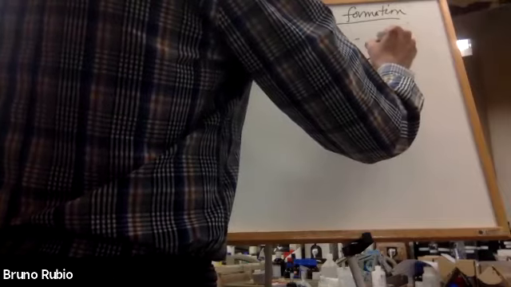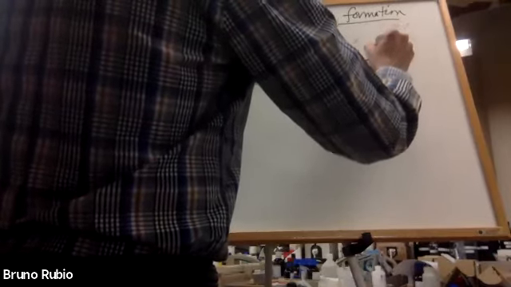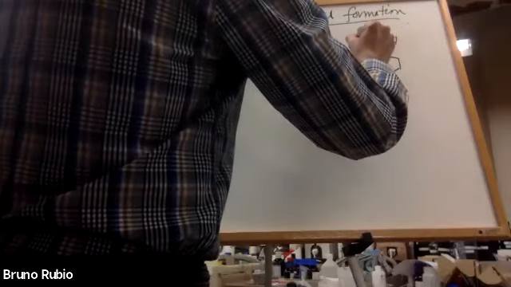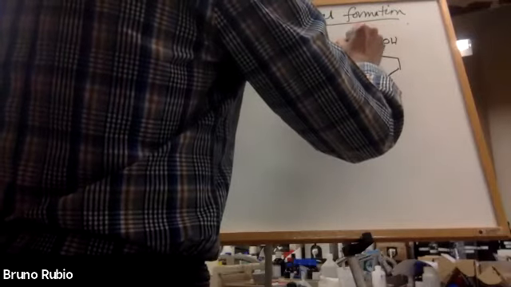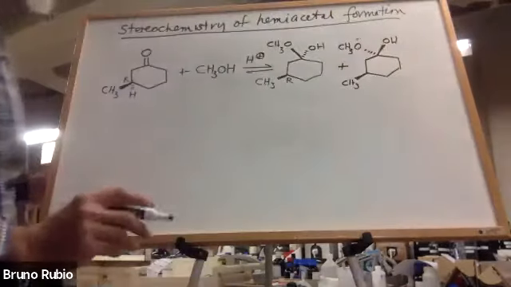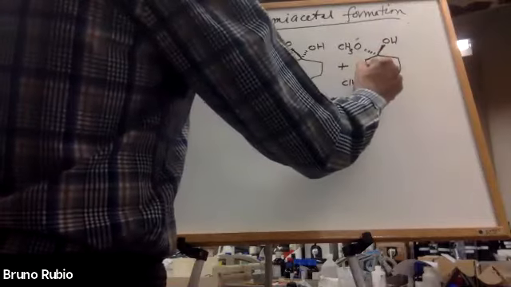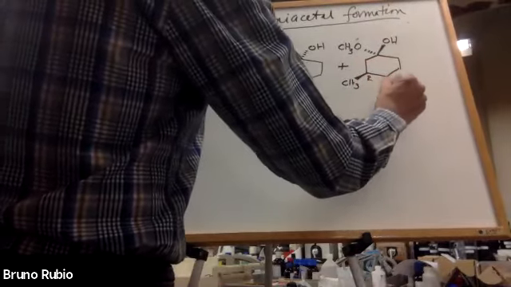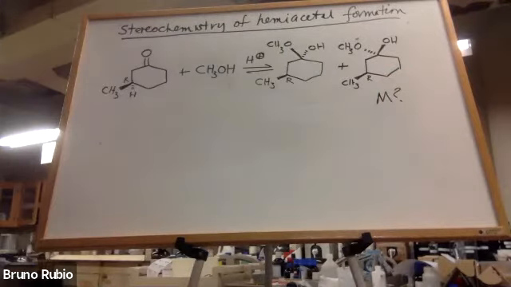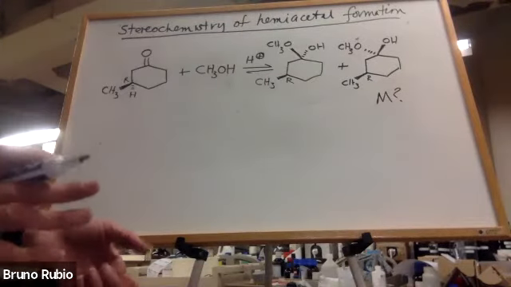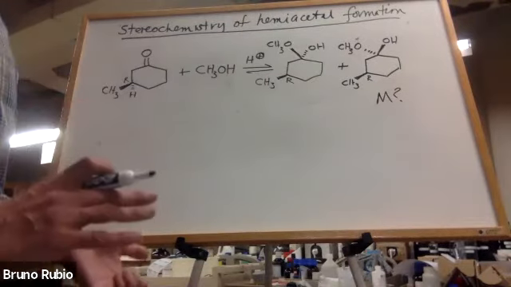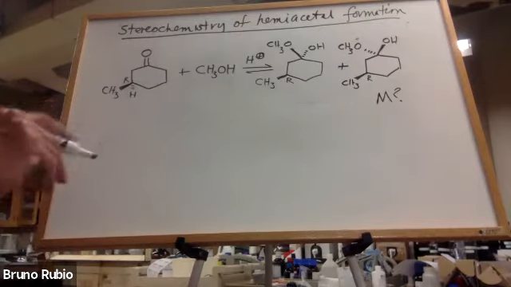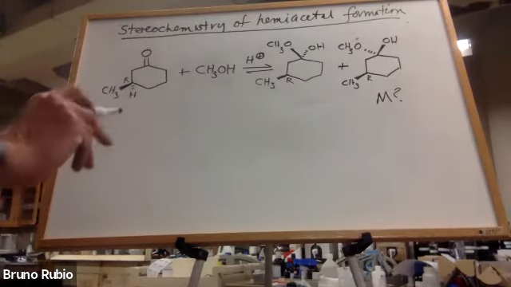So the nucleophile can come in from the front or it can come in from the back. In this example, it's very hard to predict what the major product will be, but it's probably going to be this one, but you just can't tell by looking at the structure. So I'm going to put a capital M there, meaning major product. We think that's what it is, but we would have to analyze this a lot more carefully.